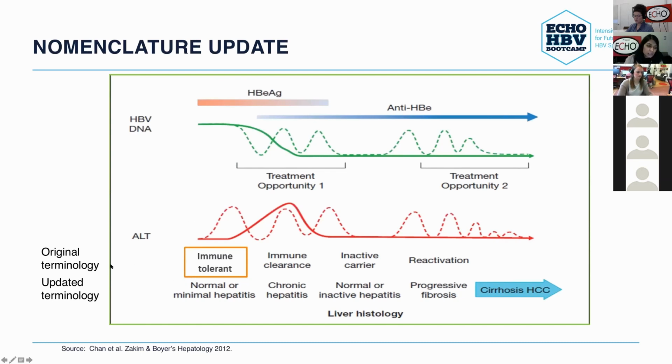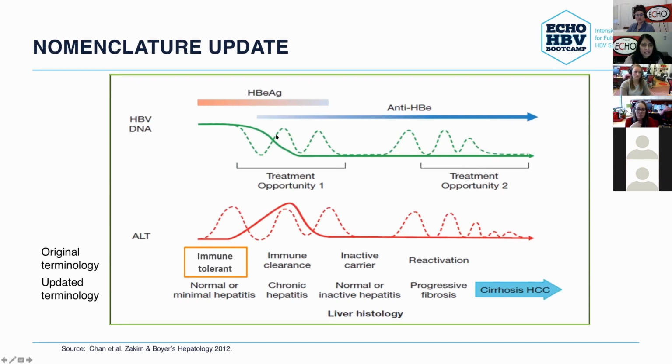So it's really good to know what the old terminology is. The newer terminology is meant to be a little bit more descriptive, although I'll tell you that it's not perfect. But it tries to give us a better sense of where somebody is and how to put that together with your management plan, which, as I mentioned, we'll dive into next week.